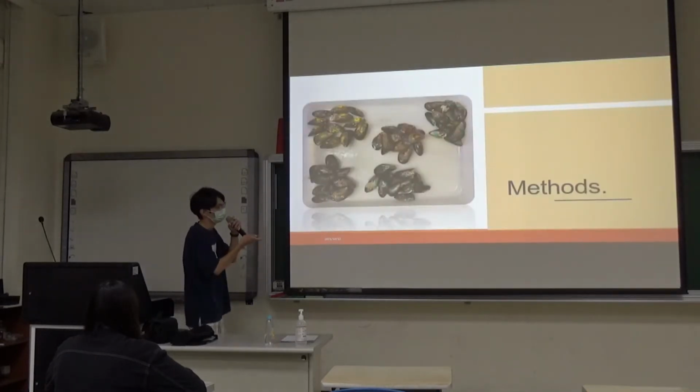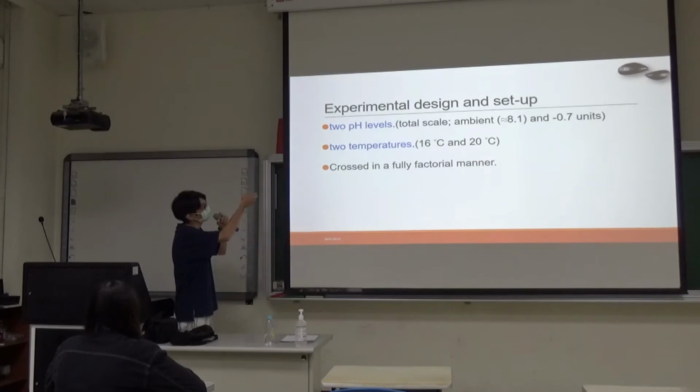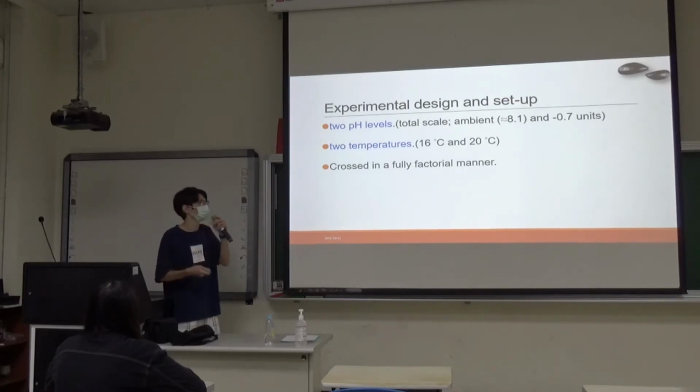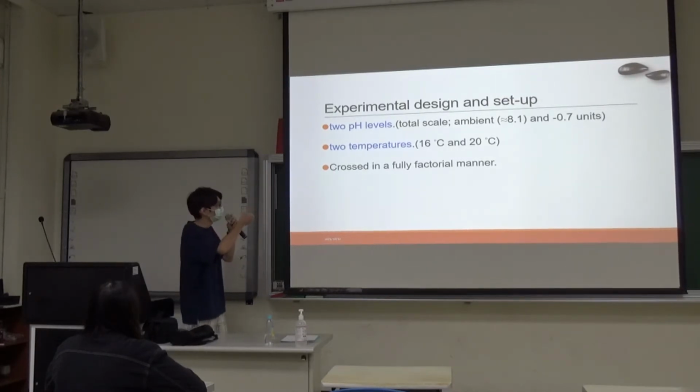Let's talk about our method. Our experiment is designed with 2 temperature levels and 2 pH levels in order to simulate the different conditions in our ocean, and it is crossed in a fully factorial manner.